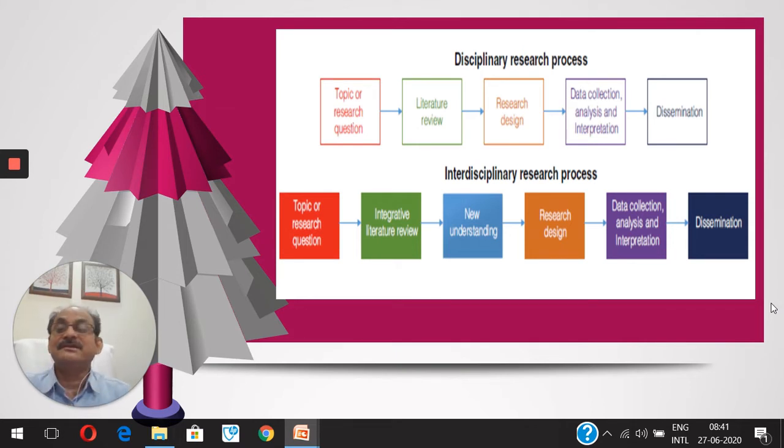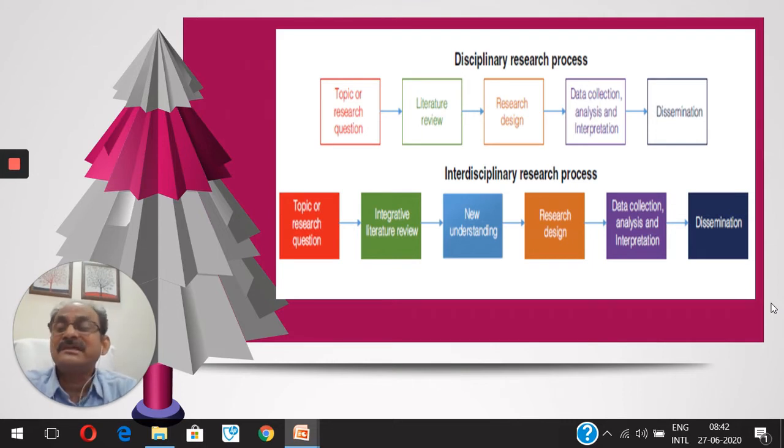Then you can see that research design is in both the disciplinary and the interdisciplinary research process. Data collection, analysis and interpretation are also there, and dissemination is also there. So what are the new things added? Two very important things: number one, the integrative literature review, and number two, new understanding.